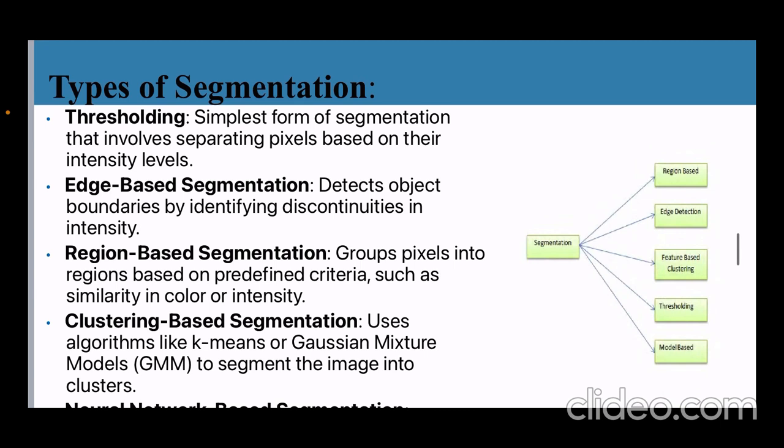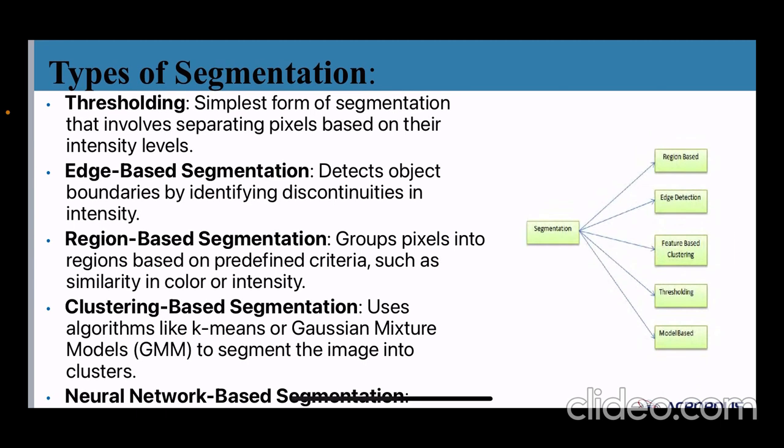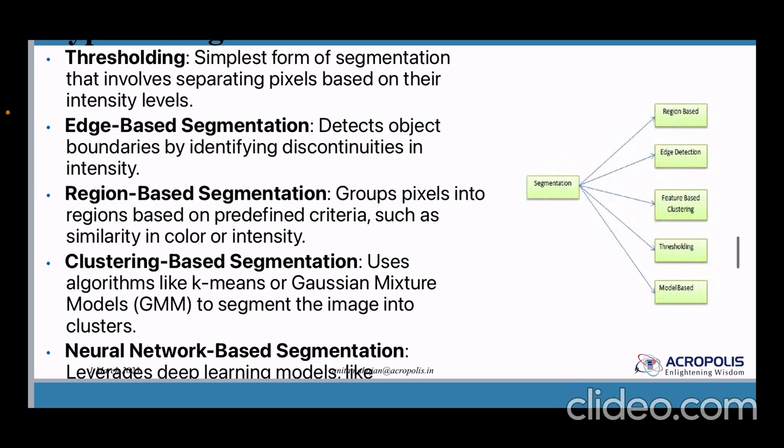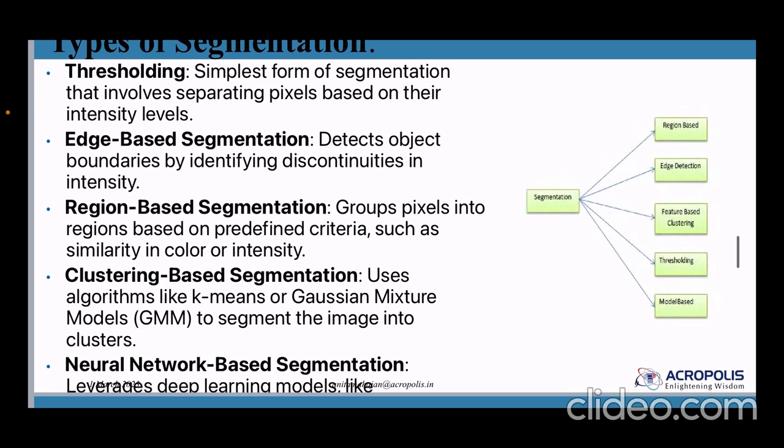We have learned about segmentation and types of segmentation. So I have given more brief for types. Threshold is the simplest form of segmentation that involves separating pixels based on their intensity levels. Edge-based segmentation detects object boundaries by identifying discontinuities in intensity.